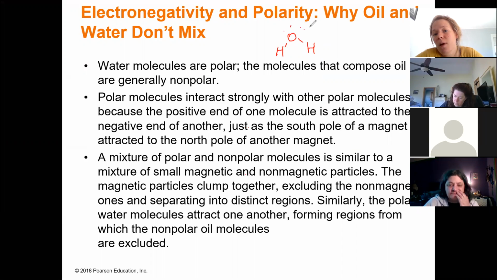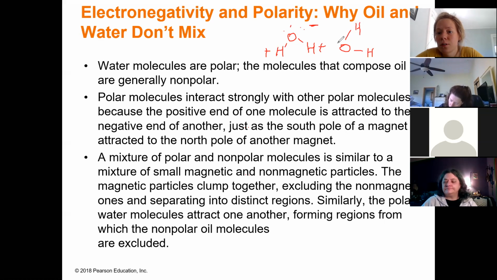So this side of the molecule has an overall negative charge, where the hydrogens have a positive charge. So what that means is that this water molecule is going to stick to an adjacent water molecule, O, H, H. Okay, here it's negative, here it's positive. And so you get this repeating pattern of one end of one water molecule attaching to one end of another water molecule. That's why water has surface tension to it, or it creates a meniscus. It's kind of sticky.